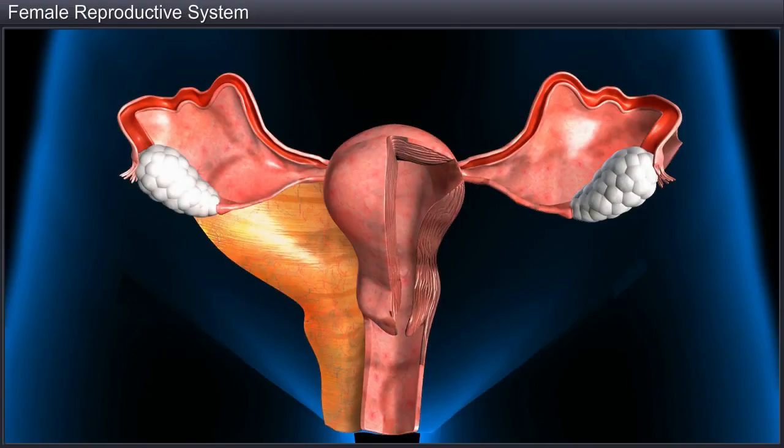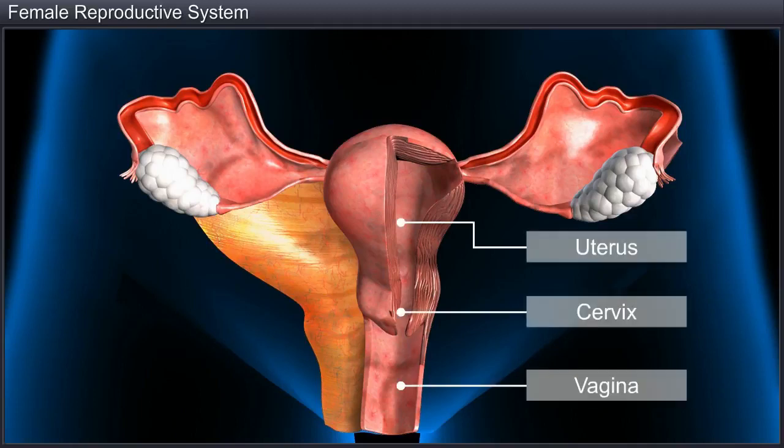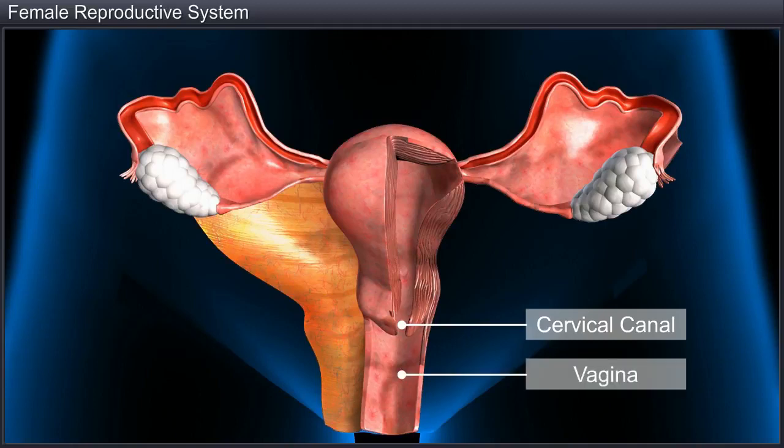It is also known as the womb. It is supported by ligaments attached to the pelvic wall known as mesometrium. The uterus opens into the vagina through a narrow cervix. The cavity of the cervix is called the cervical canal, which, along with the vagina, forms the birth canal.